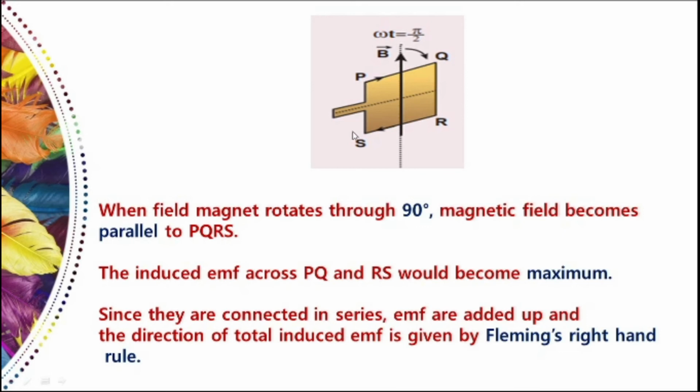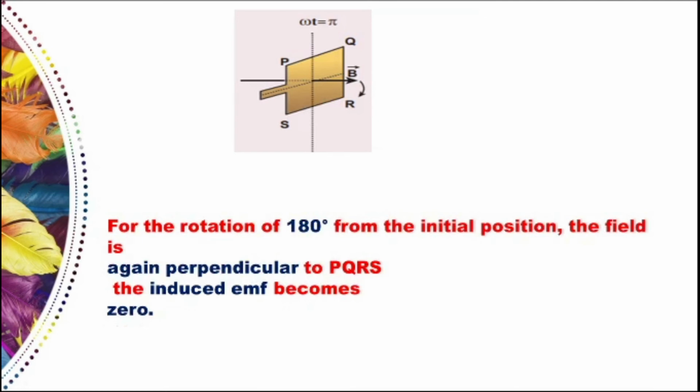Now, if it is rotated further, for the rotation of 180 degree from the initial position, we say 180 degree from the initial position. Why? This position is initial, and when it reaches here it is 90.